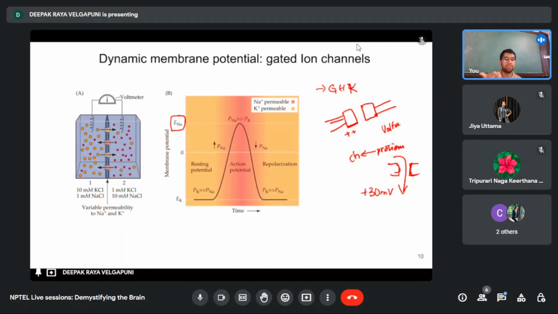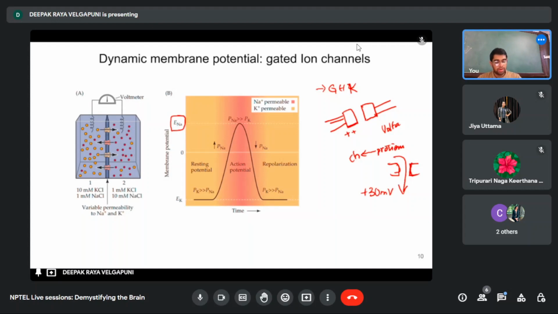Once the potassium ions start coming inside, the permeability of K plus is more, and according to the GHK equation, the potential goes more towards EK, and therefore it goes negative. And this is how the action potential is generated. It is mainly due to the feature that we are able to play with the permeability of ion channels, and they get modulated with different conditions.